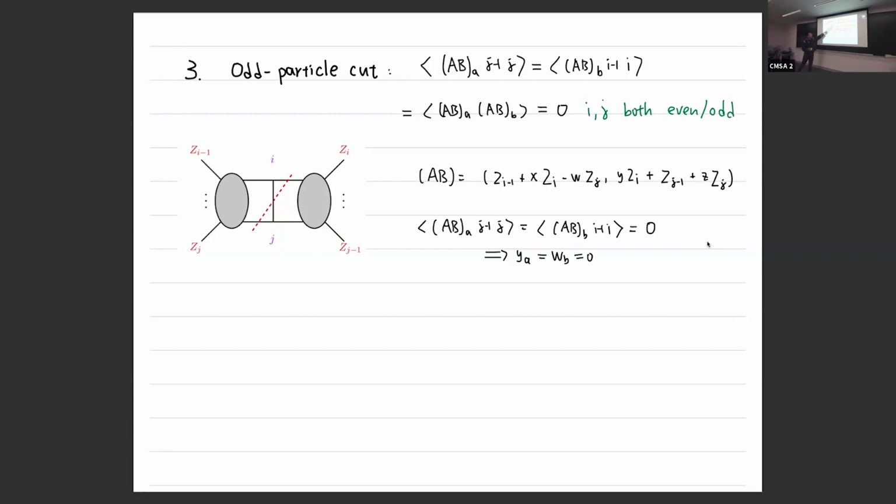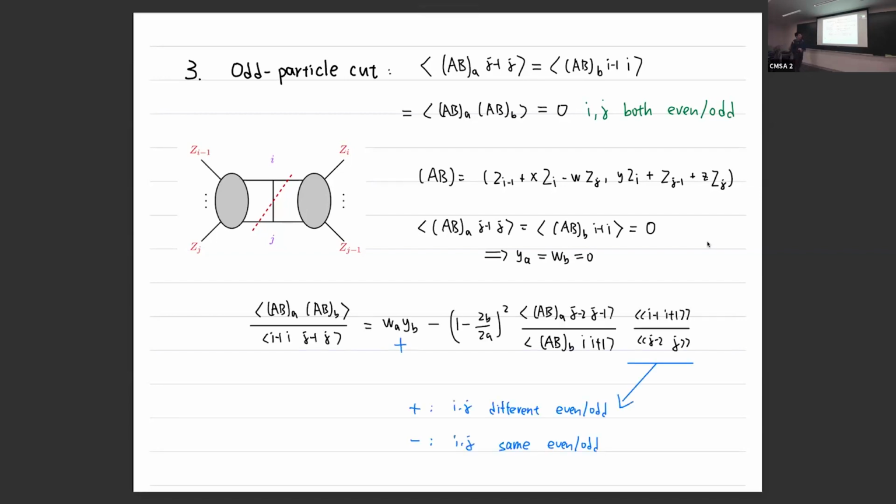And these 2 conditions will just imply YA and WB equal to 0. And finally, the mutual condition will equal this. There are 2 terms, and the first term is related to some loop propagator with an external line, so it's positive.